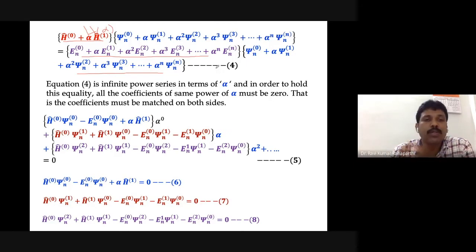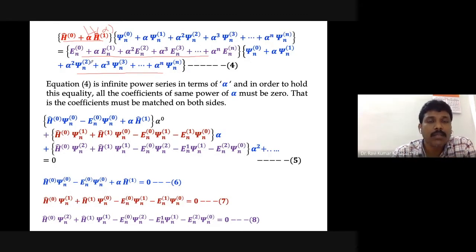Therefore, what we do is compare the coefficients and make them equal. This is the practice we routinely follow whenever we come across expansion series on both sides. We multiply first of all, and then take the coefficient where alpha is not there.